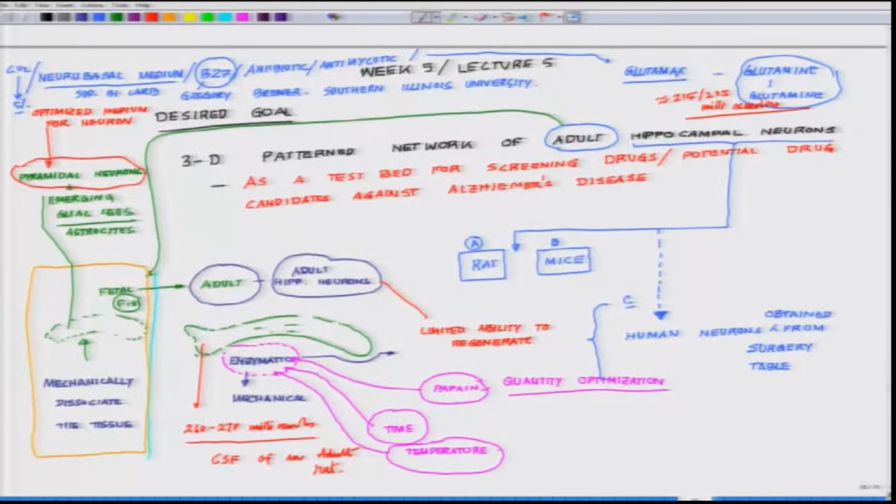Okay. So, the next advancement in this medium which was used for fetus is neurobasal, but it comes in the market with an A, where A stands for adult. So, neurobasal A and neurobasal regular, the difference is in osmolarity.